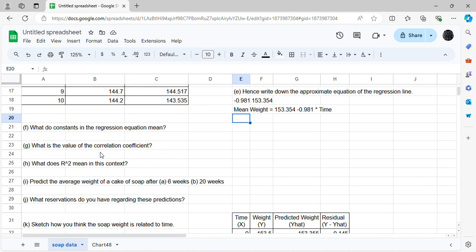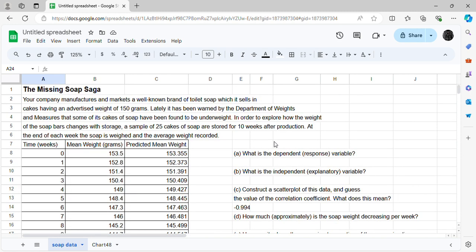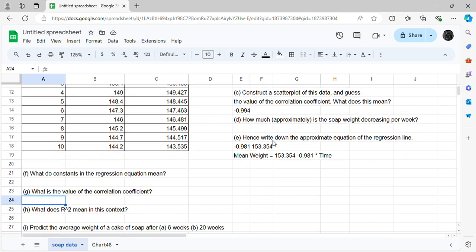What is the value of the correlation coefficient? The correlation coefficient we calculated is minus 0.994. And what does R squared mean in this context?